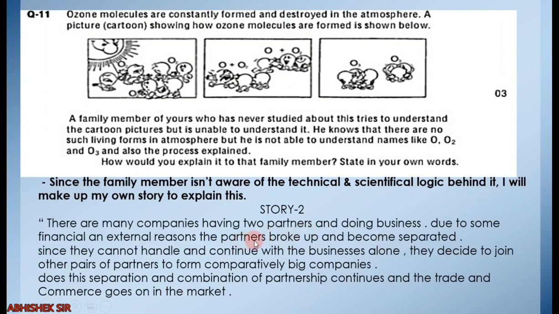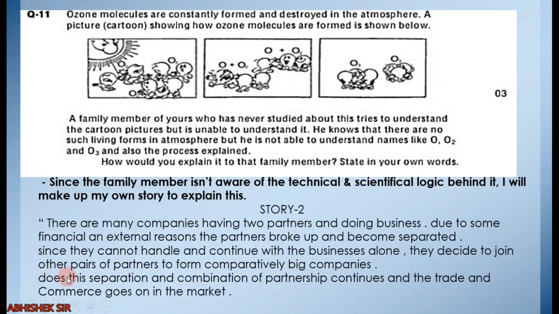But if they are breaking up, if they are separating, one man alone cannot do the business. So that is why after separating, they cannot handle and continue the business alone. So what they do, separately they decide to join other pairs of partners to form comparatively big companies. Okay. So thus this separation and combination of partnerships continues and the trade and commerce goes on in the market.